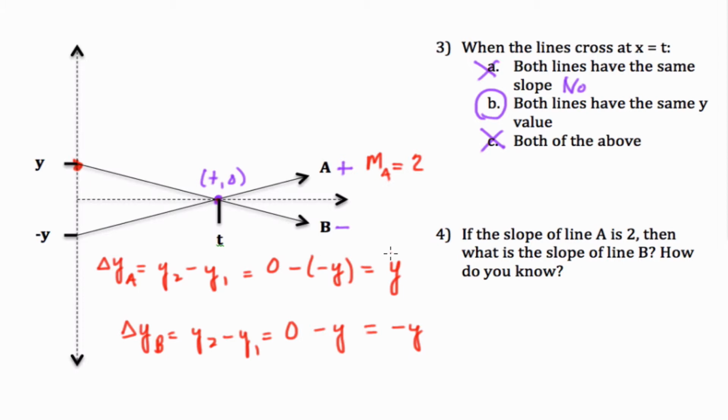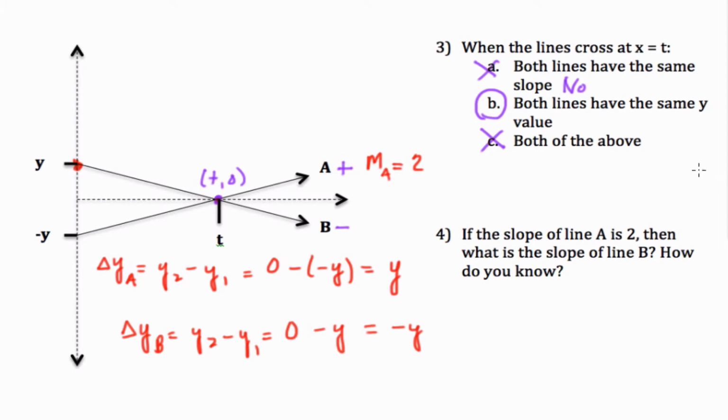And I know that t is the same for both of them. So what is this telling me? It's telling me they have the same vertical change, the same magnitude of delta y. It's just that B's is negative. B goes down, A goes up. B goes down y units, A goes up y units, with the same delta x.